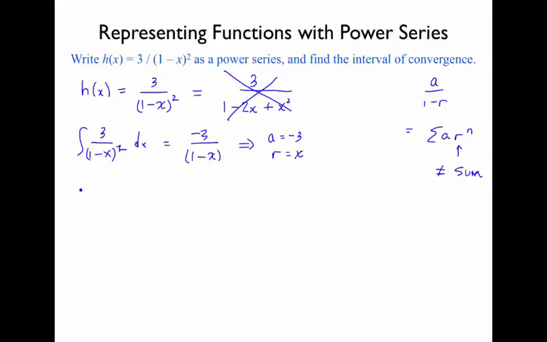So -3 over 1 minus x is equal to the sum of -3 times x to the n, where n goes from... Now what's very helpful in these problems is to write out some terms.